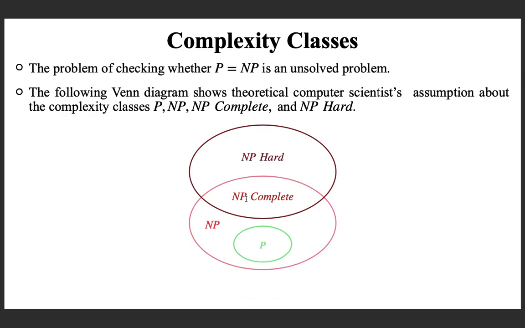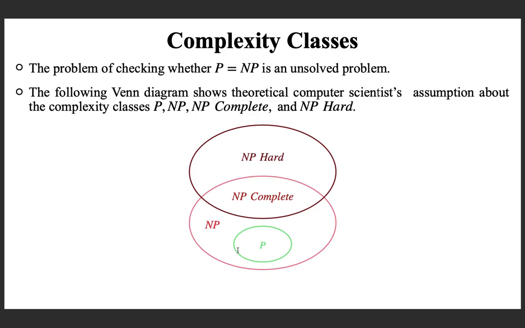And what is NP hard? An NP hard problem can be outside the class NP. It may not always be in NP. What is the definition? A problem A is said to be NP hard if an arbitrary NP problem can be reduced to the problem A in polynomial time. And this is the assumption about the relationship between various classes.